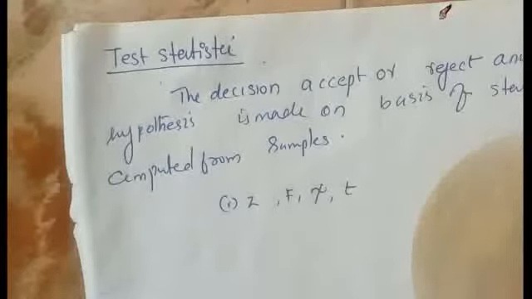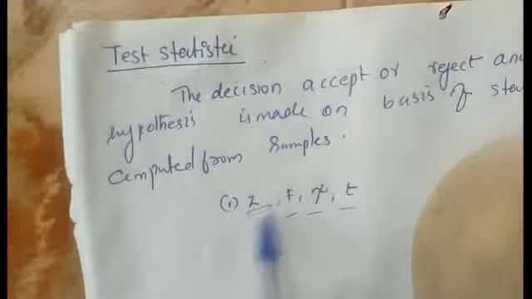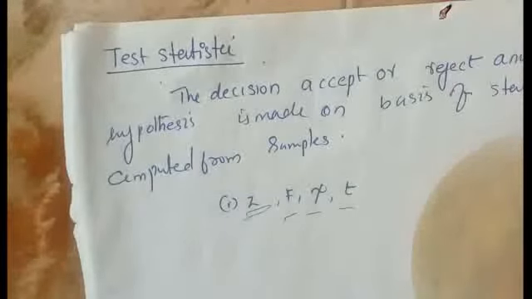We have a test statistic for each test, and we use it for the accept or reject decision. The commonly used test statistics are t, F, chi-square, Z, etc.